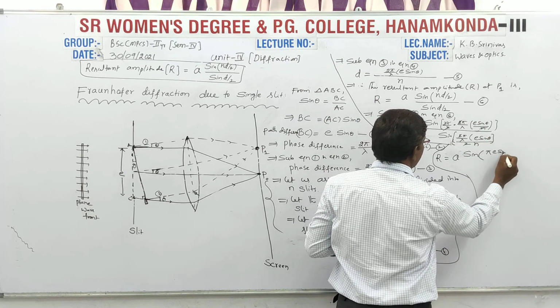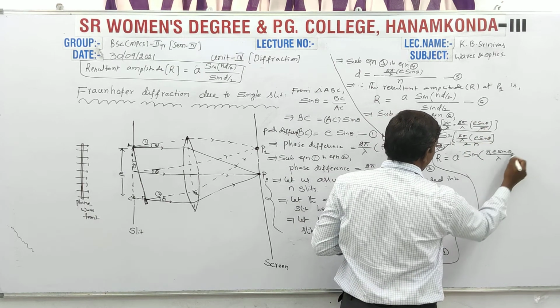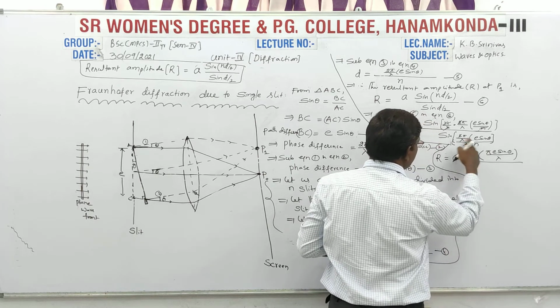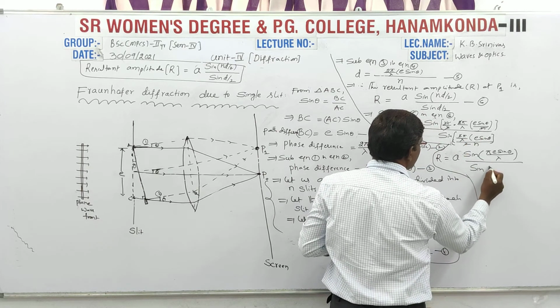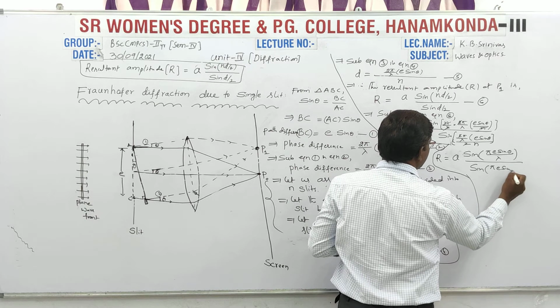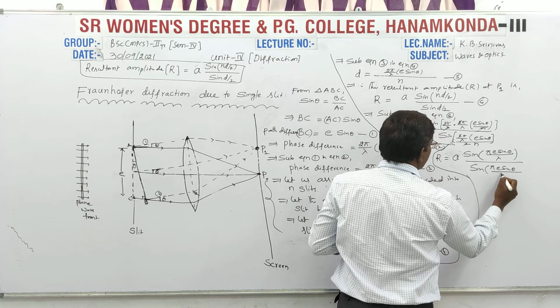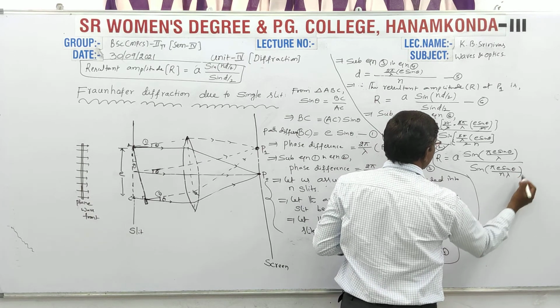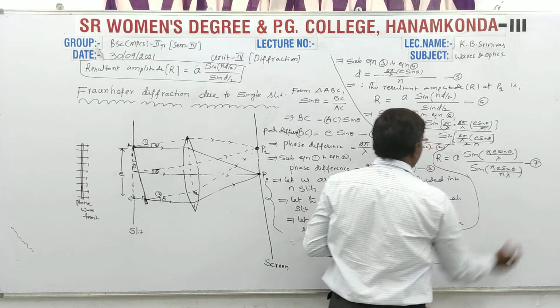Pi e sin theta by lambda. Coming to the denominator, sin of pi e sin theta by n lambda. Let this be equation number 7.